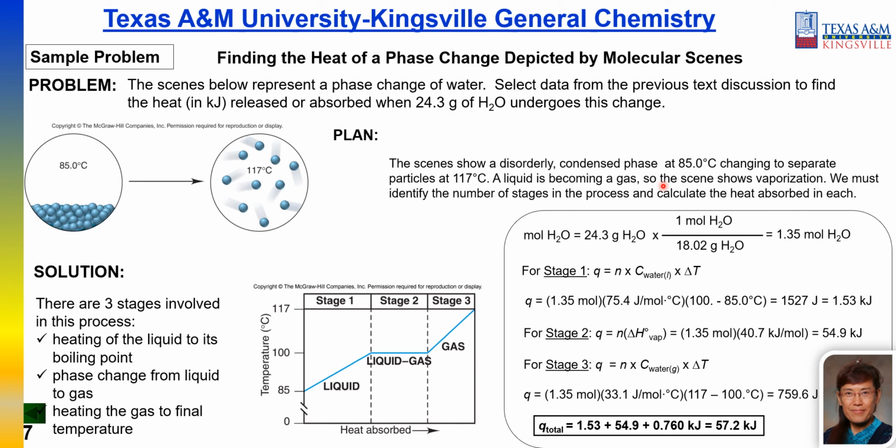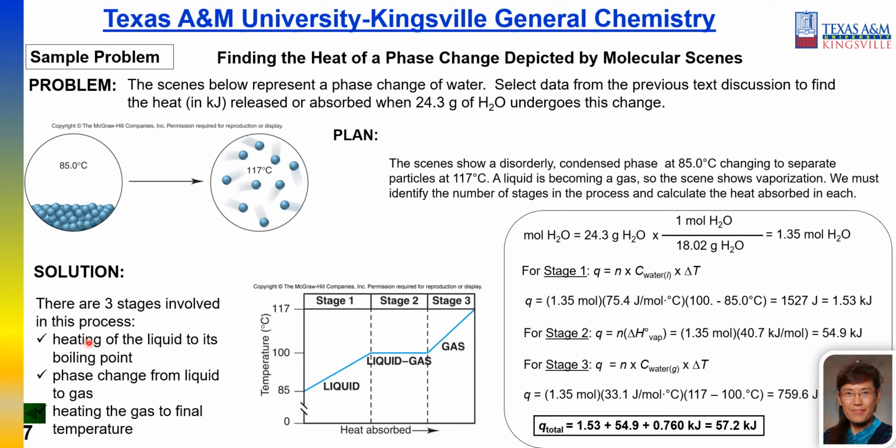But also you need to know the heat capacity for your liquid water, the heat capacity for your gas-phase water. You also need to know the delta H vaporization. In this case, you only need the delta H for vaporization. If you have melting, you need to know another delta H. So our solution: you are going to plot a graph involving 3 different stages.